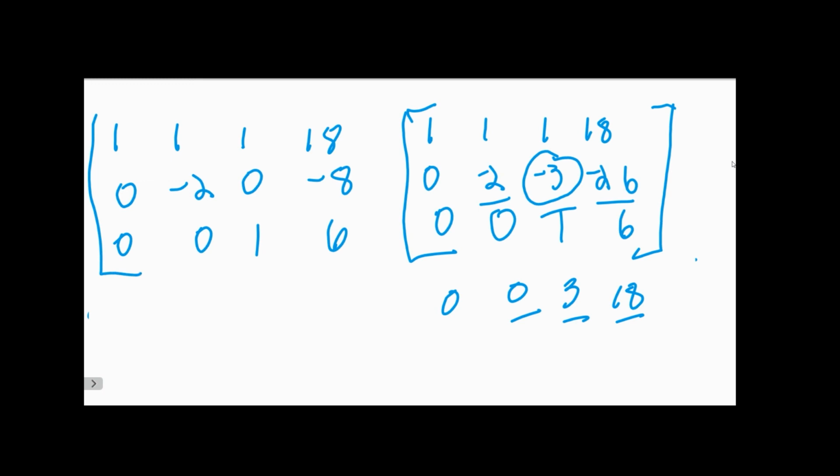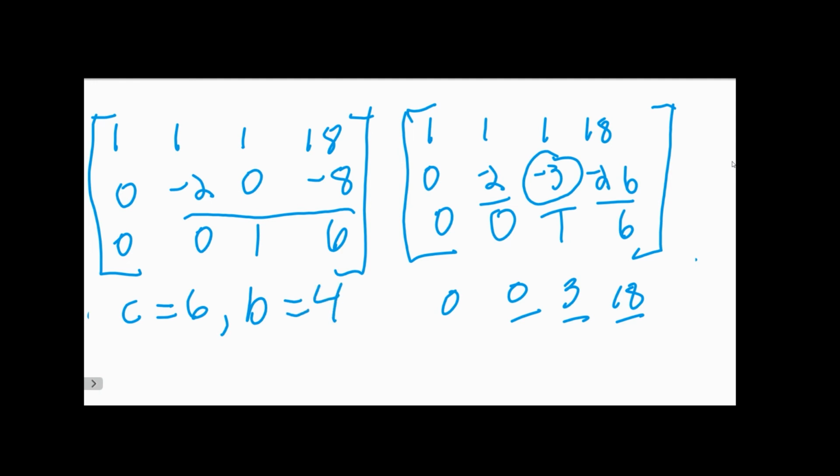Now I'm ready to solve the system. So again, I can clearly see by row 3 that C is 6. I also can clearly see by row 2 that -2B is -8, which means B is going to be +4.